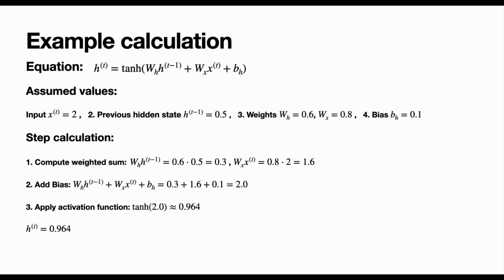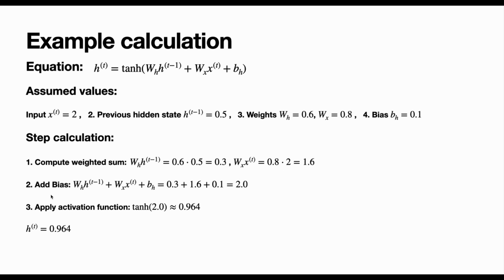This slide demonstrates how an RNN processes information step by step to calculate the hidden state, which is essentially the memory of the network at a specific time. Inputs. We start with some assumed values for the current input, the previous memory, hidden state, weights, and a bias. Step-by-step process. First, the RNN combines the influence of the previous memory and the current input using weights.